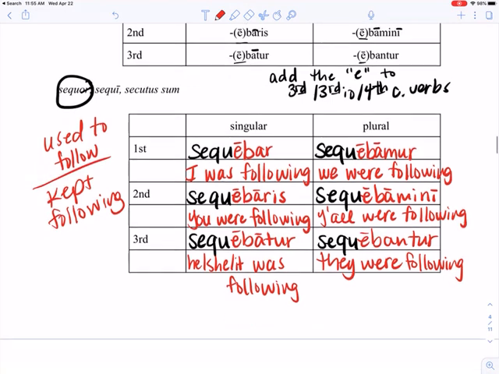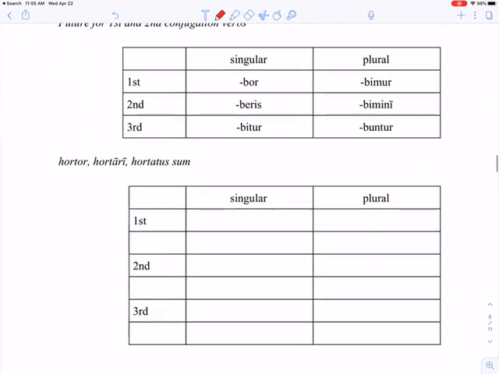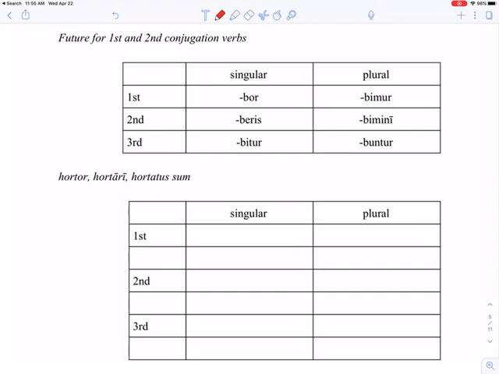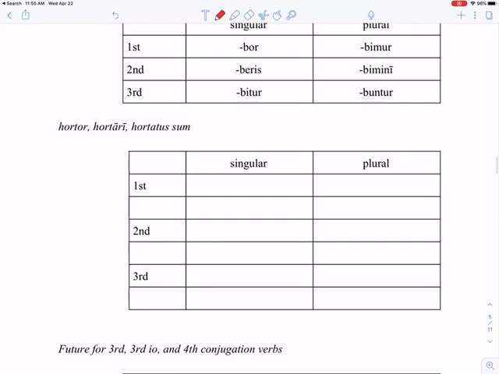All right, so just like with our non-deponent verbs, we're going to have two sets of endings. Okay? One for first and second conjugation, and one for third IO, and fourth. Okay? So let's go back to hortor. Okay, again, this one is first.